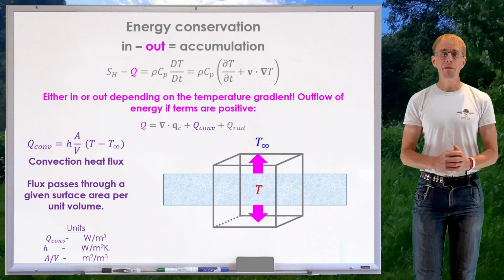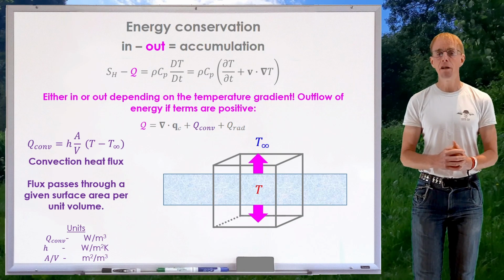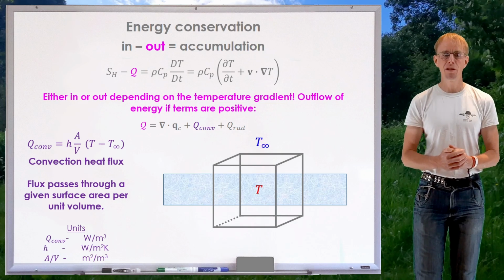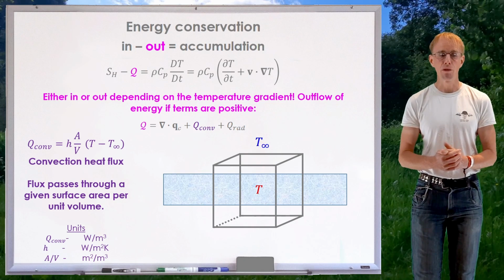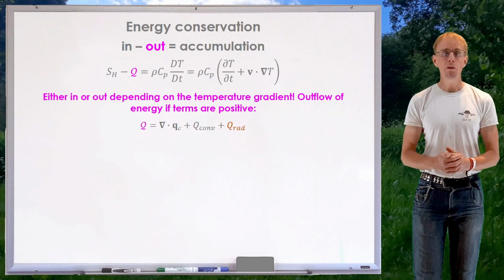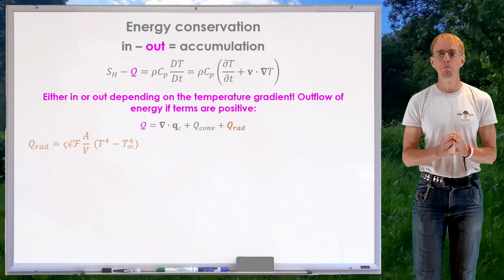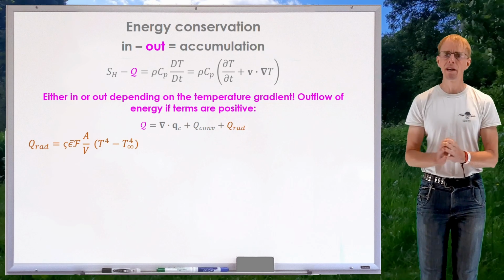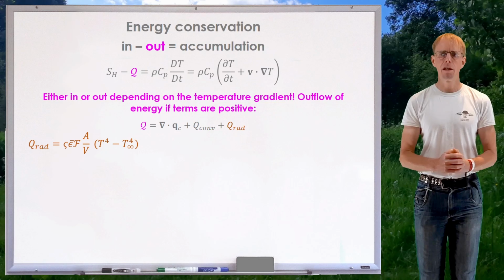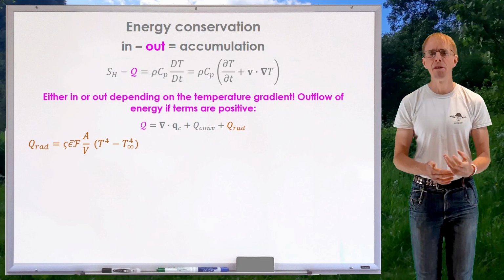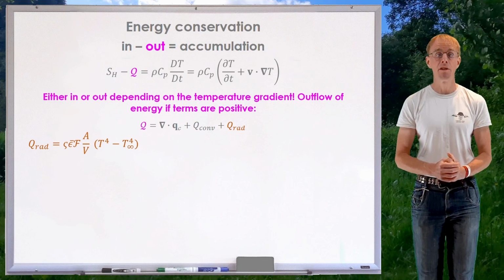Okay, now in a very similar vein, we can think about radiative heat transfer, because again, radiation heat transfer crosses a surface. So if we think about what big Q subscript rad might look like, it looks a little more complex, and we're going to be talking in a lot more detail about radiation heat transfer in the final parts of this lesson.